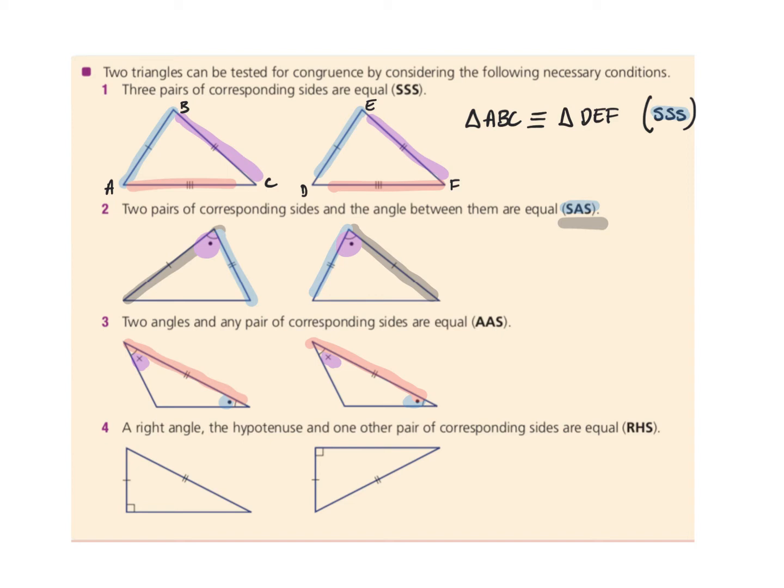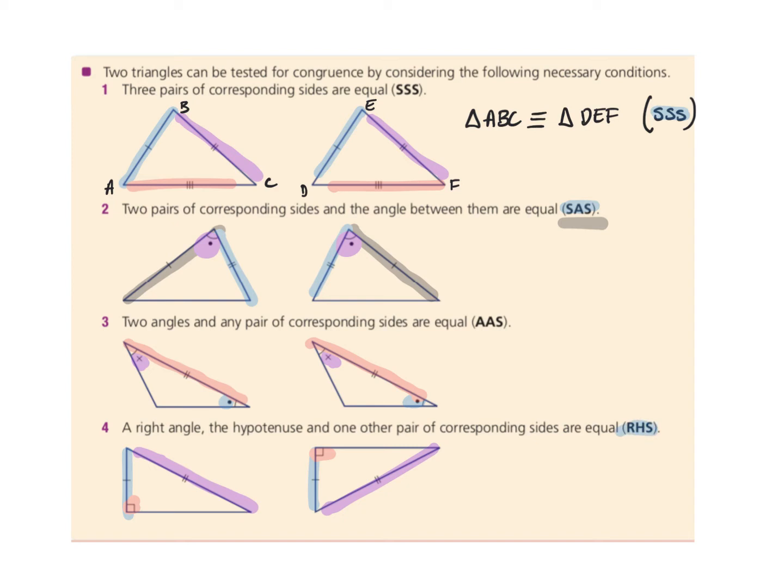And the last one: if you have two sides that are the same, down here we've got two sides that are the same, and a right angle triangle, we can say they're congruent, and we'll use this reasoning.